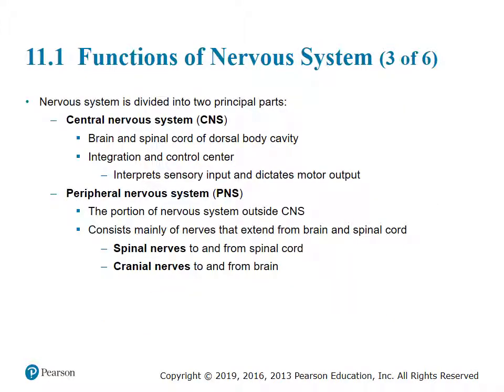So let's get more specific into the nervous system and talk about that. The nervous system is divided into two main parts. The central nervous system, or the CNS, which includes the brain and the spinal cord.